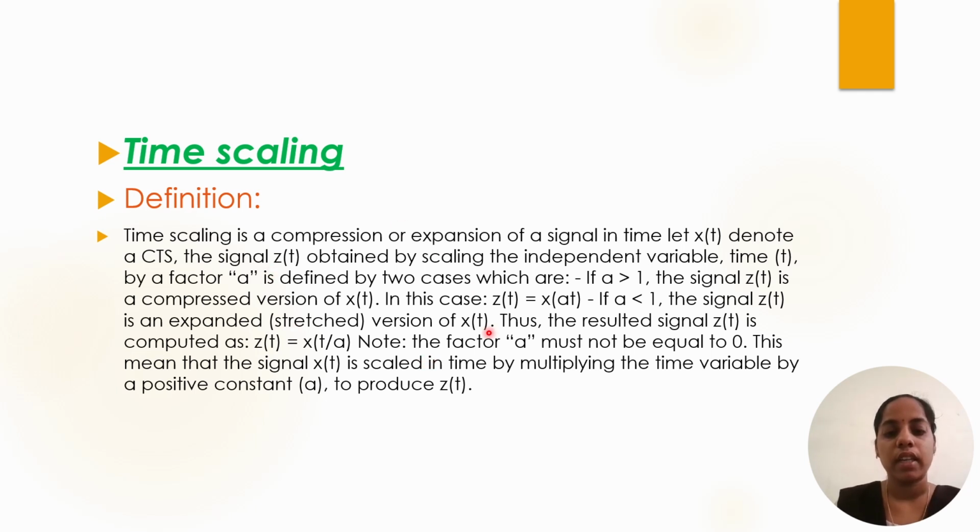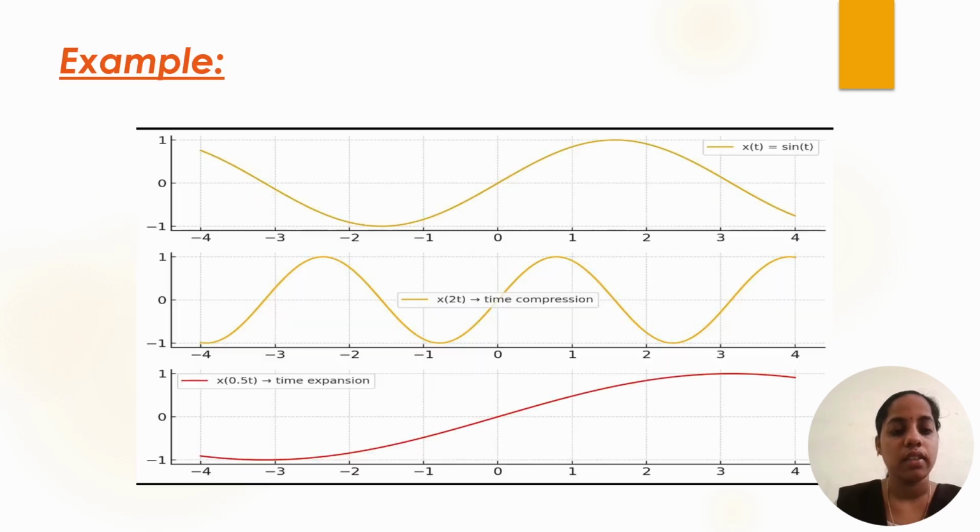In the time scaling, if a greater than 1, the signal is a compressed version. If a less than 1, the signal is an expanded version of x of t. This is the definition of time scaling. And this is the example of time scaling. Here the amplitude is -1 to 1, and the time period is -4 to +4.